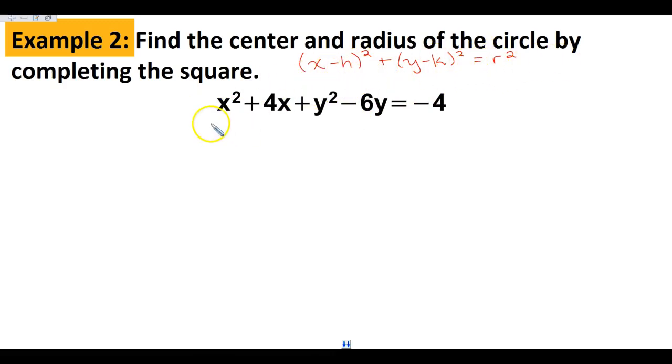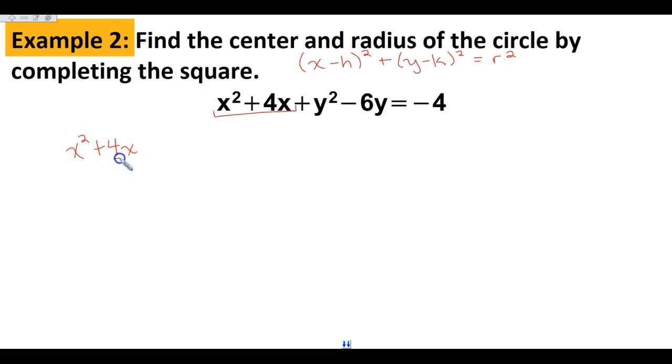So I've got an x squared and an x on this side, a y squared and a y on this side, and my constants over on the right side of the equation. What I'm going to do is the same thing to this piece that I did in example 1. I have x squared plus 4x.